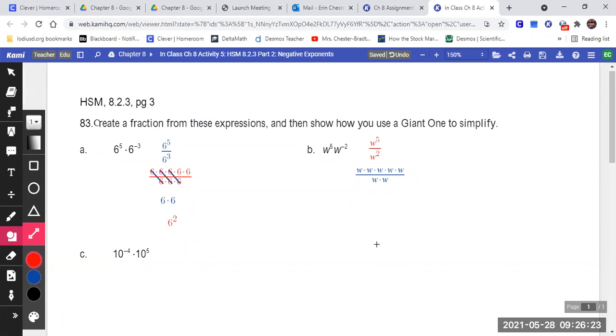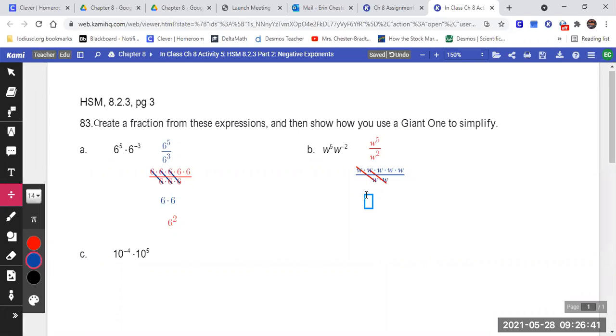And it's a 1 because there's something on the top that's identical to something on the bottom. So 1 W from the top, 1 W from the bottom, another W from the top, another W from the bottom. You have to stop once there's not a match. You have to have 1 on the top and 1 on the bottom. So what's left?